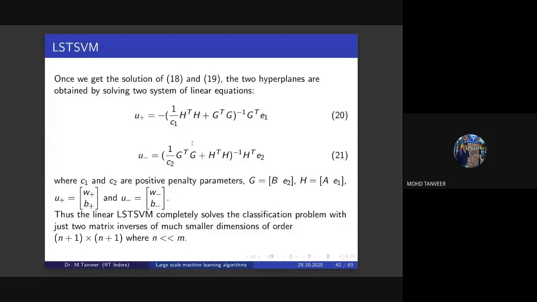You can see that least square Twin SVM completely solves the classification problem with just two matrix inverses. In the previous algorithm, we were solving the quadratic programming problem. But in this case, we just need to solve two small matrices.